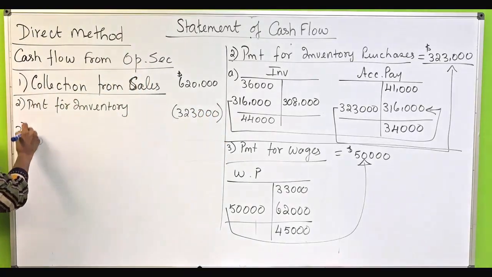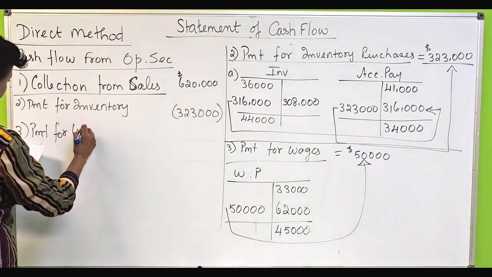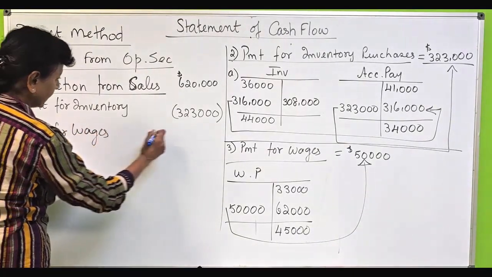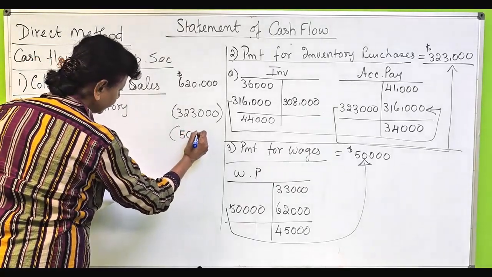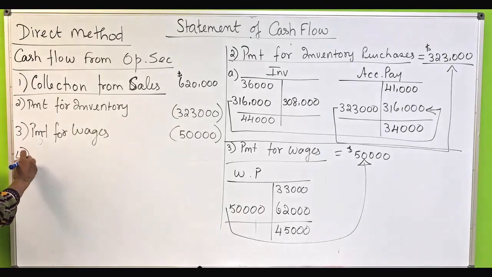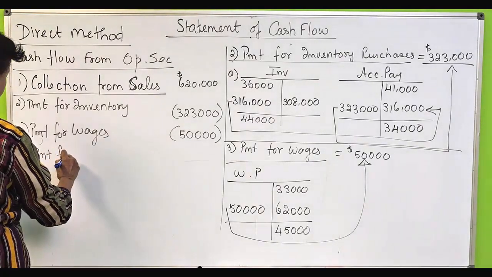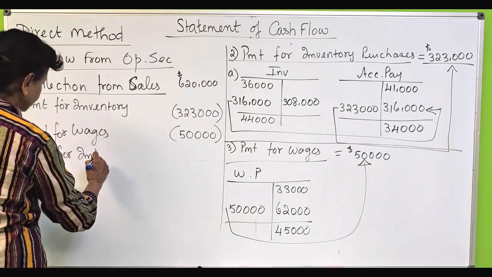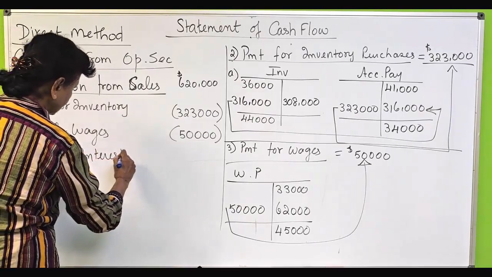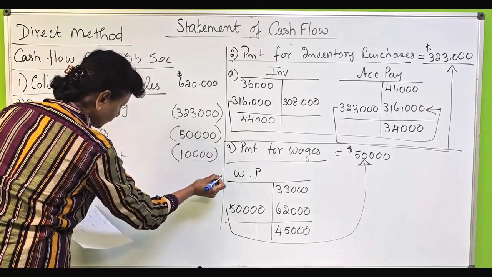Number three, payment for wages. Negative $50,000. Number four, payment for interest. Negative $10,000.